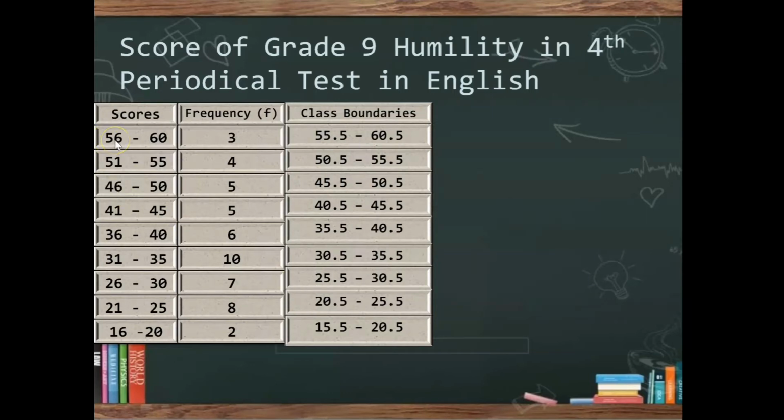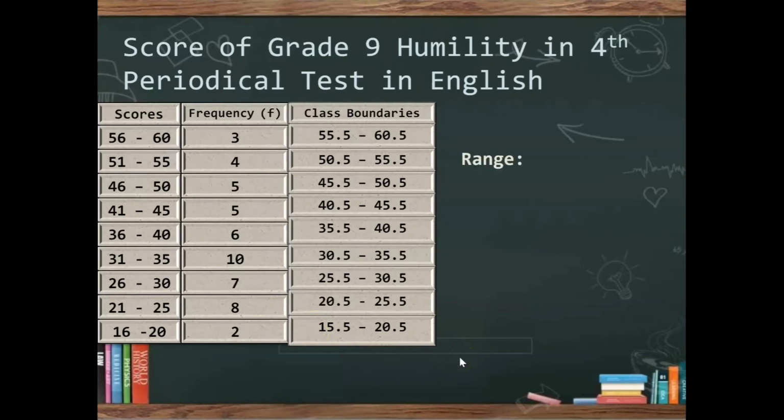On the left side, you need to subtract 0.5 and on the right side, you need to add 0.5. 56 minus 0.5 is equal to 55.5. 60 plus 0.5 is equal to 60.5. 51 minus 0.5 is equal to 50.5. 55 plus 0.5 is equal to 55.5, until you get all the values needed here in class boundaries.